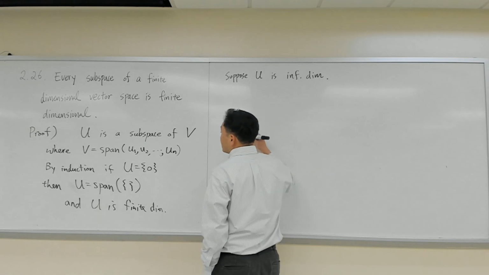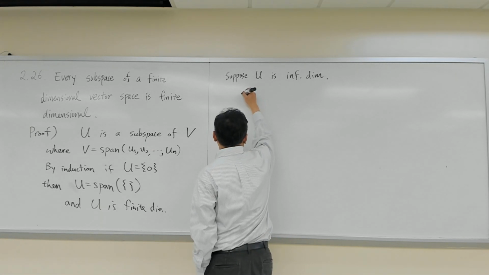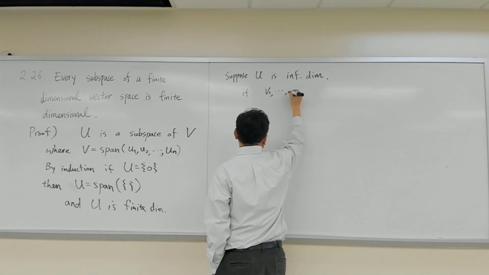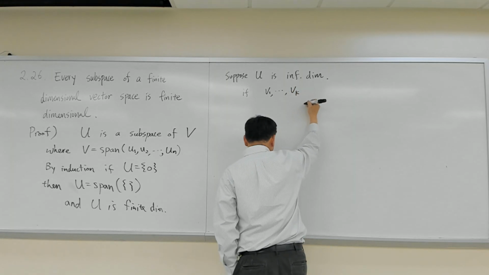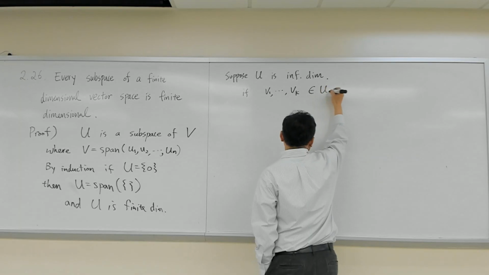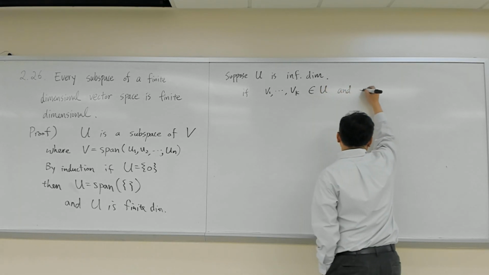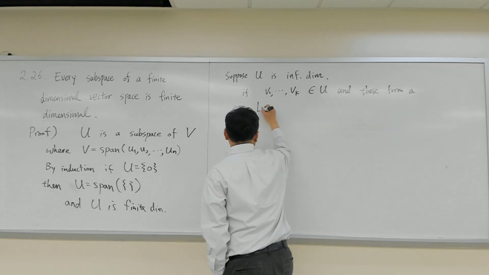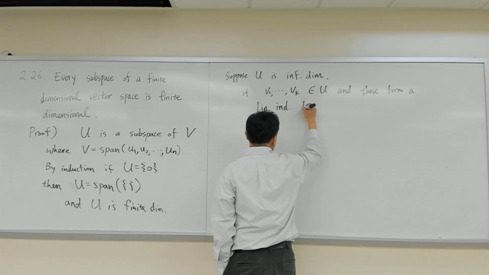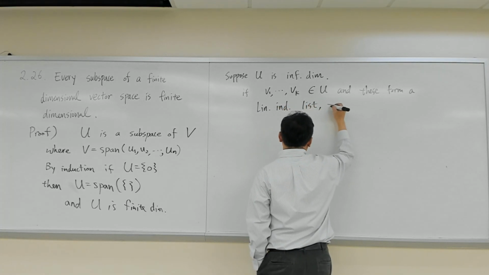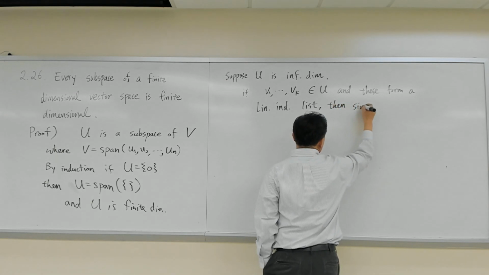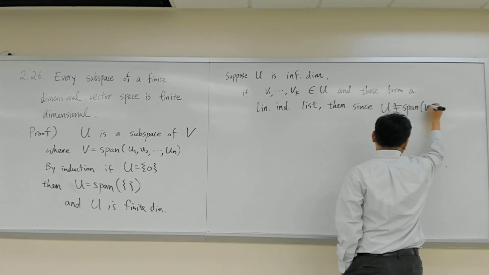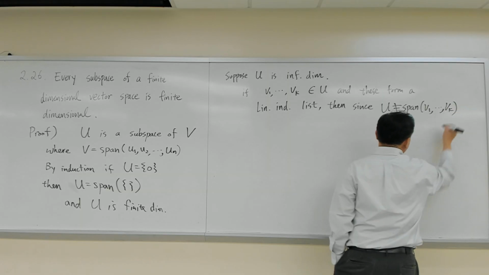Then, if v1 through vk is in U, and these form a linearly independent list, then since U is not equal to the span of v1 through vk, why not?